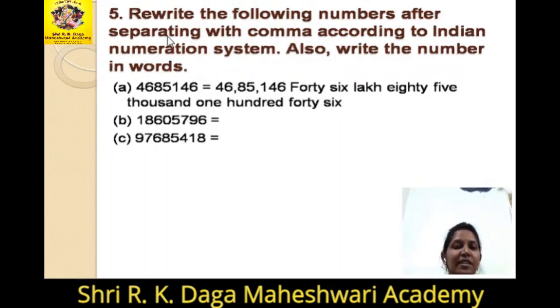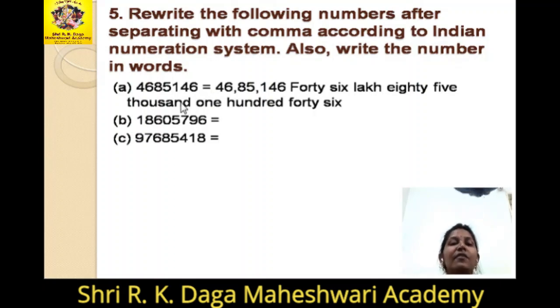Question number 5 is rewrite the following numbers after separating with comma according to Indian Numeration System. Also write the number in words. Here we have to put comma according to Indian Numeration System. In Indian Numeration System, we have seen there are 4 blocks and first block is divided in 3 sub blocks. After that, every block is divided in 2 sub blocks.